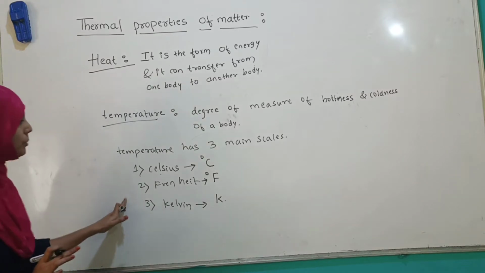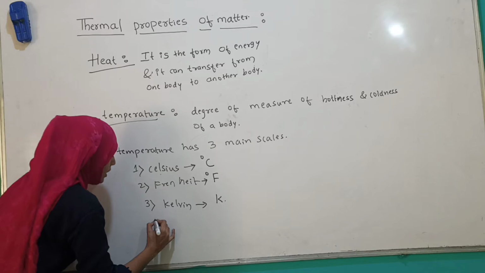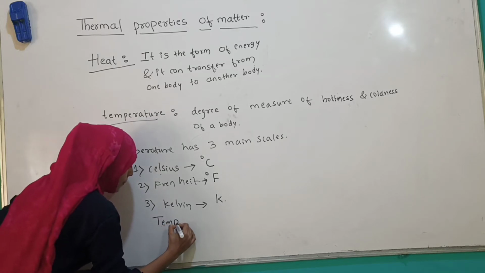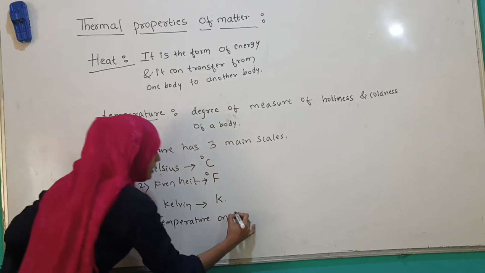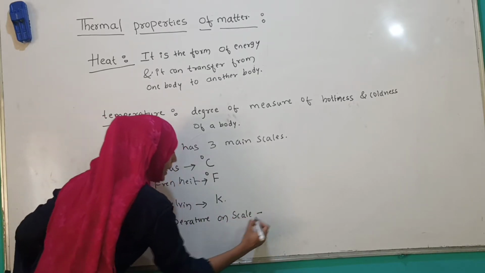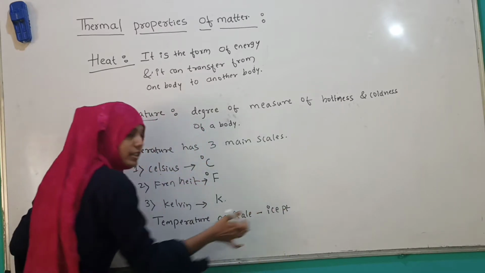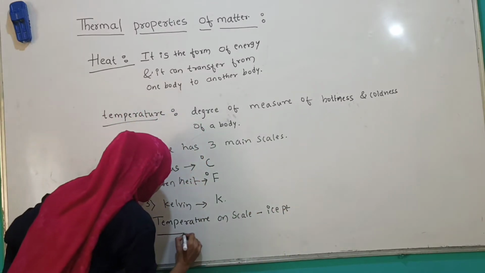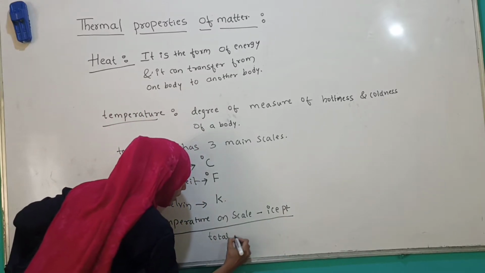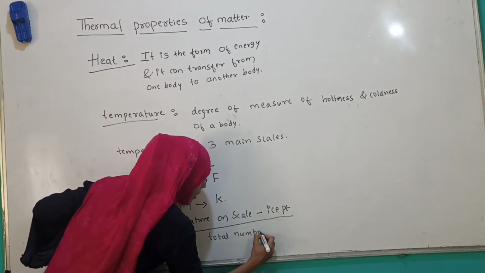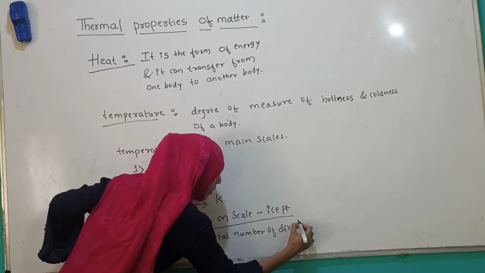And the relation between these three is given by: temperature on scale minus ice point, that is starting point, divided by total number of divisions on a scale.